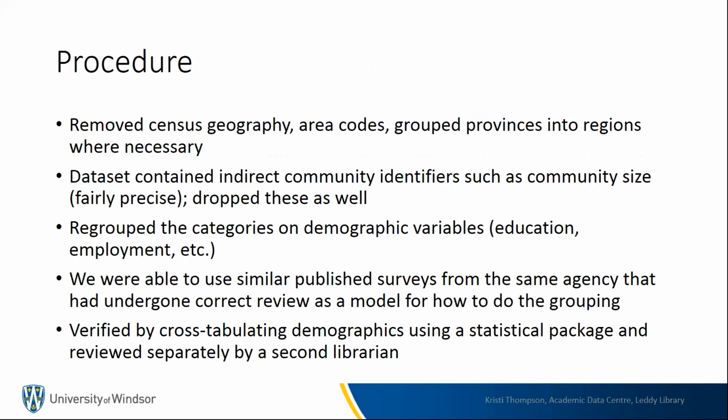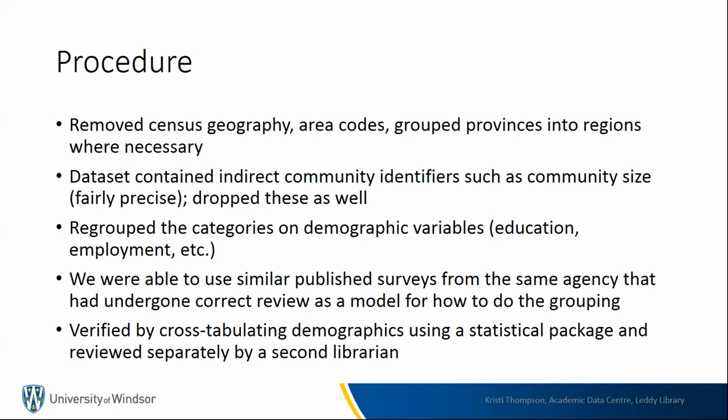We grouped provinces into regions where necessary. So we grouped the maritime provinces, Nova Scotia, Prince Edward Island, and so on, into one category of maritime. And we ended up with the only geography in the data set was at the province or provincial grouping level. I think we also kept urban and rural.